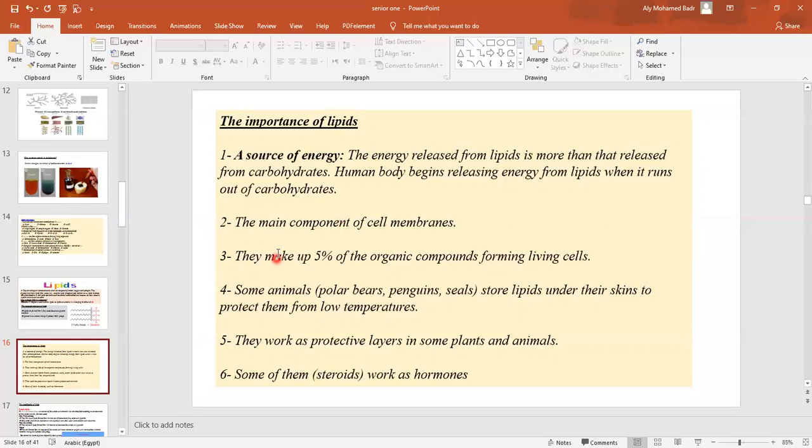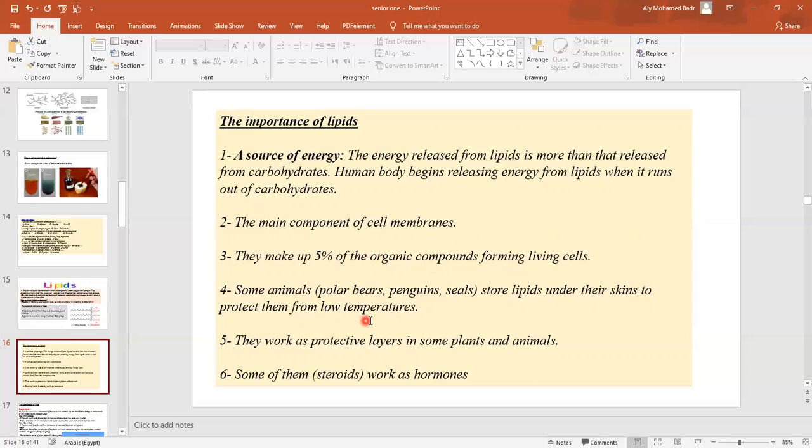Lipids are also a main component of the cell membrane, where one of the lipids, the phospholipids, makes up about 5% of the organic compounds forming living cells.